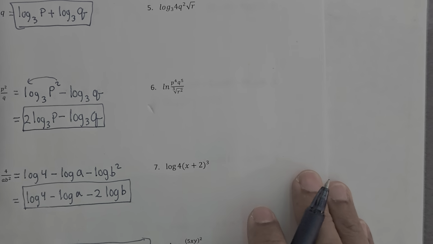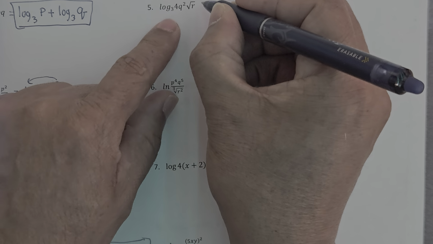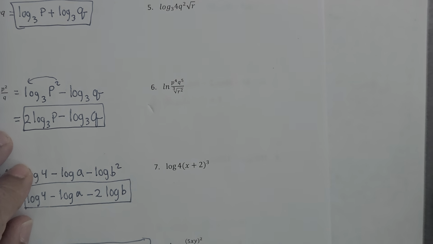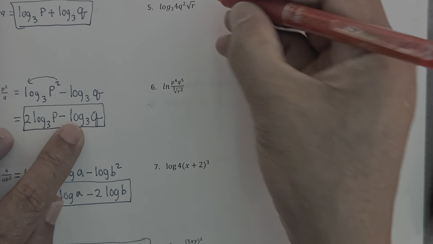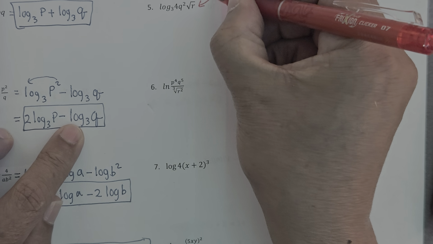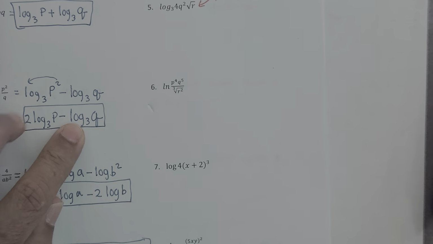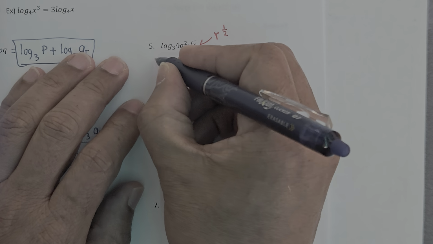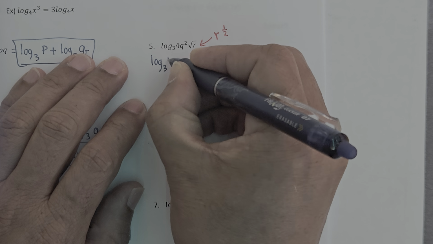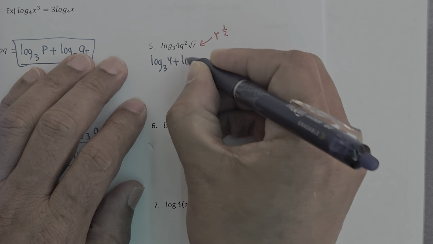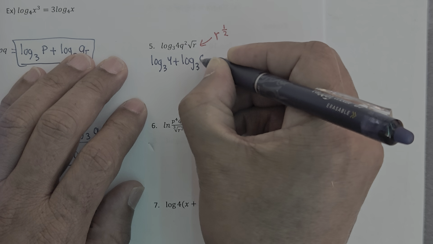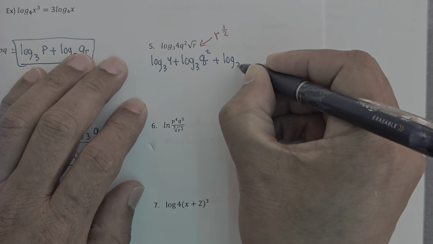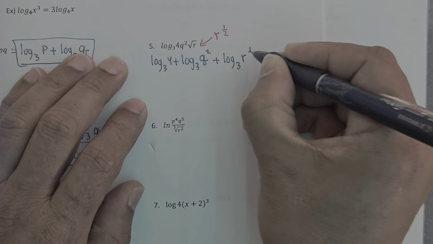Okay. For example number 5, we have 4 times q squared times square root of r. Let me just remind you, square root is the same as saying r to the half power. So I'm going to expand that using that right there. Then I have log base 3 of 4 plus log base 3 of q squared plus log base 3 of r to the half power.